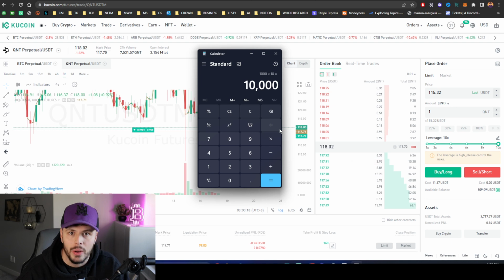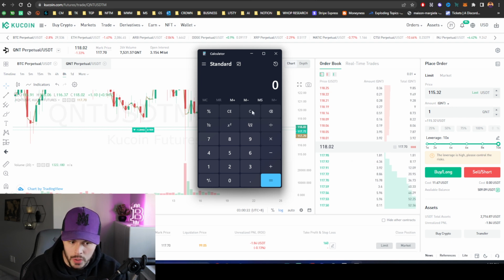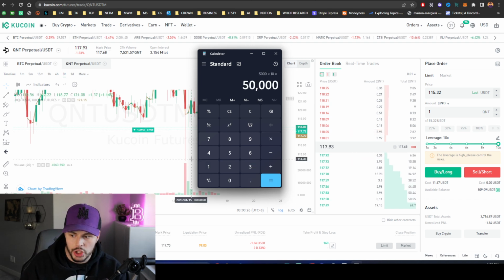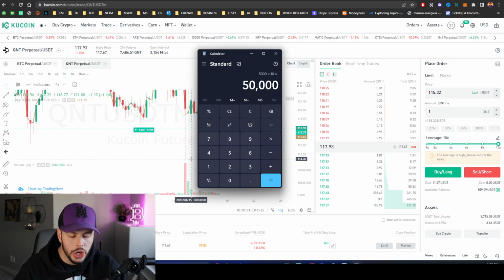So it's $10,000. Think about this: if you had 5,000 that you're trading with and you're on 10x leverage, your position size is now 50,000. So leverage can be good if you only have like $200 or $500 to beef up your bag.